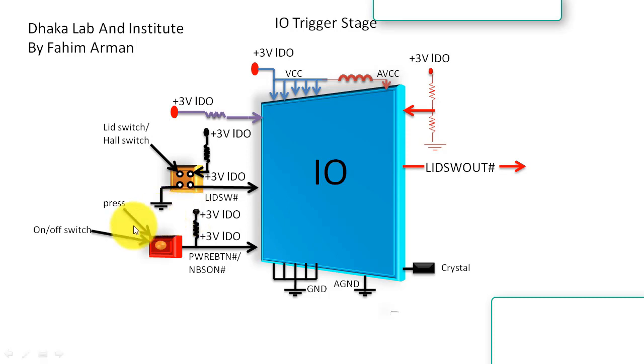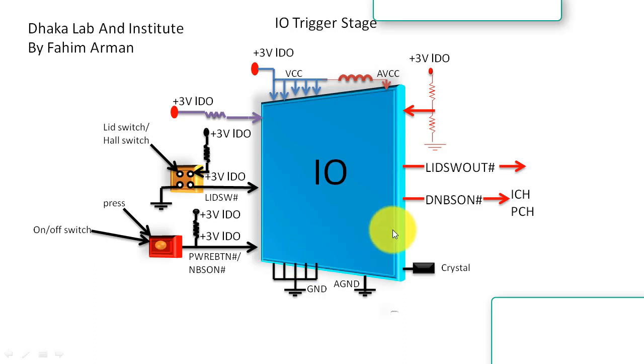When the on off switch is pressed, then there will be a signal that is called power button hash or NBS on hash.